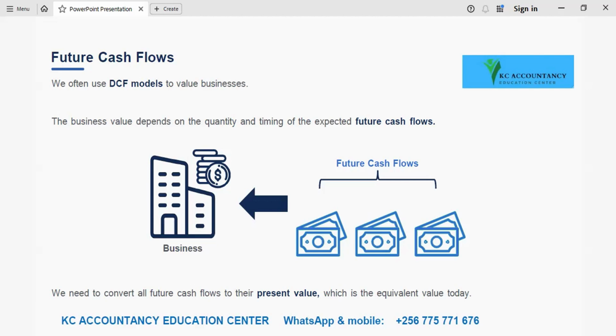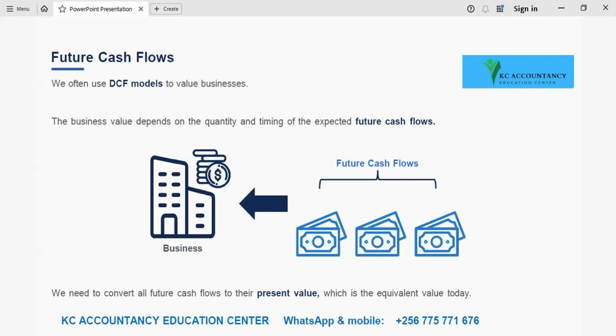So what we are really doing is converting all the future cash flows to their present value, which is what we call the present worth. In other words, the equivalent value of those future cash flows today is the present value, and that gives us the value of the business.